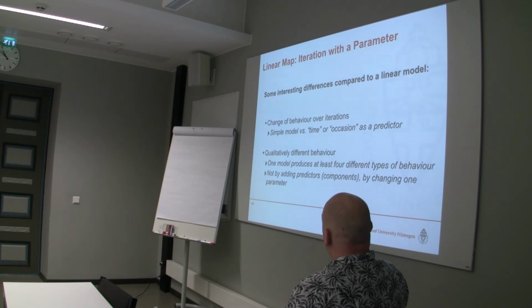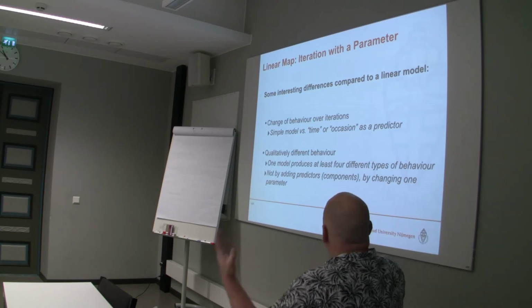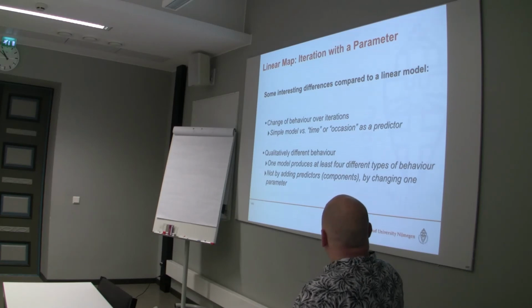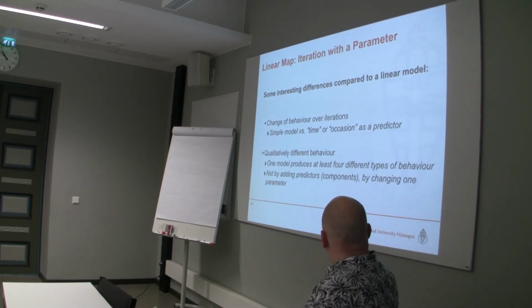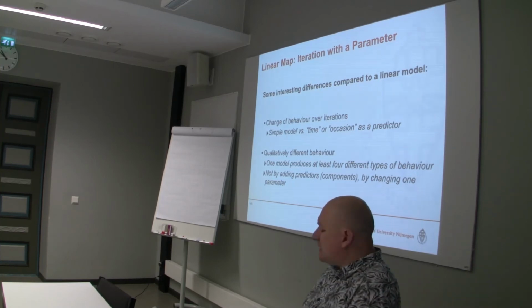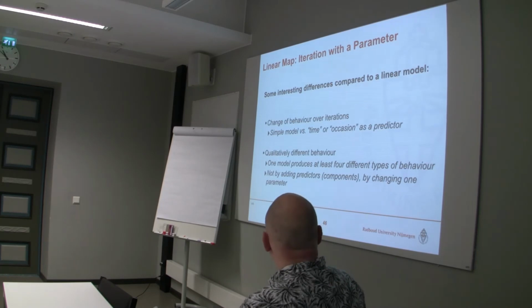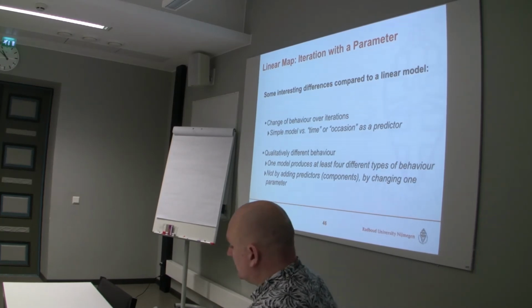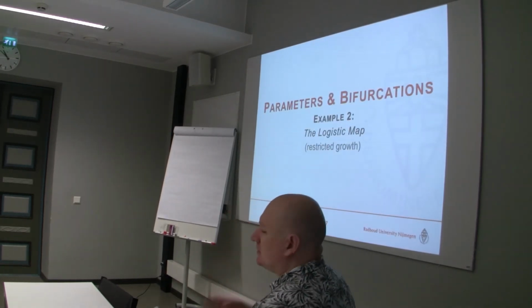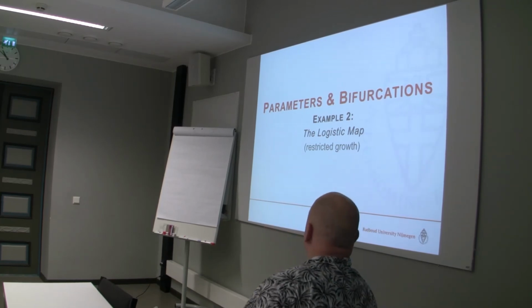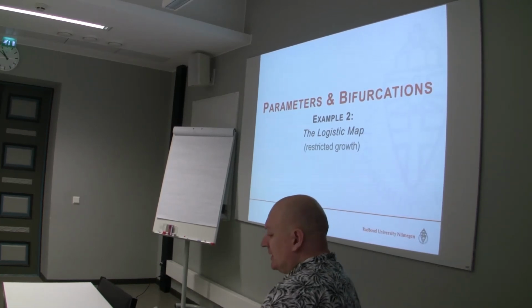We are describing a change rule. Right? So what happens to this value over time? At least 4 different types of behavior. And so we don't have to add any predictors to get this. It's just changing the control parameter that will give us this different behavior. So that was already kind of interesting, but of course it's one of the simplest models.